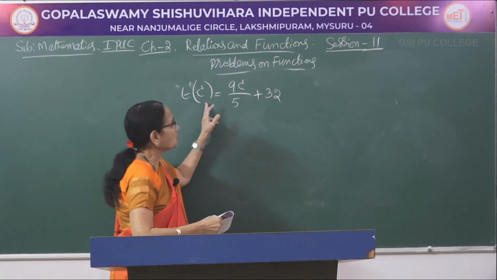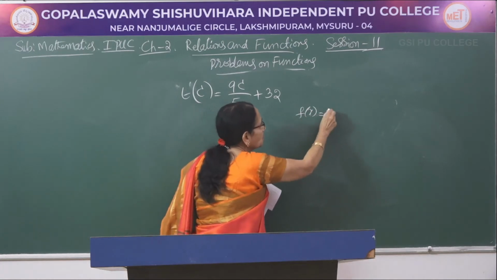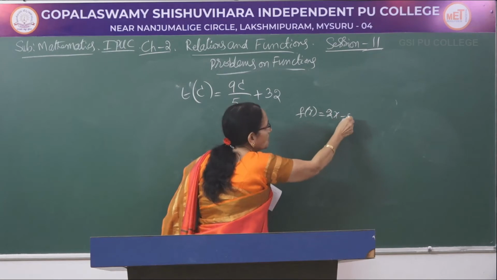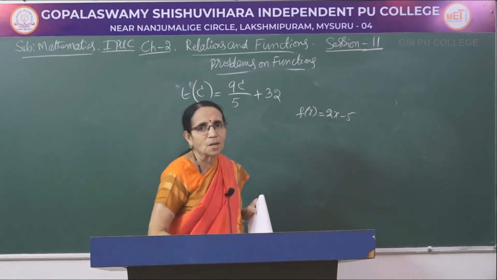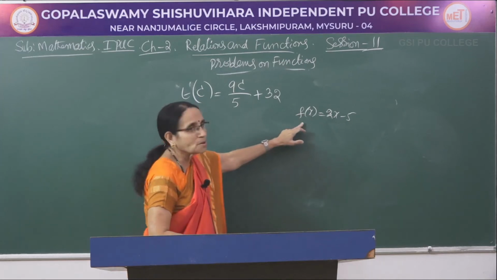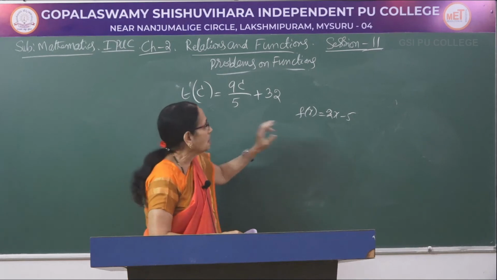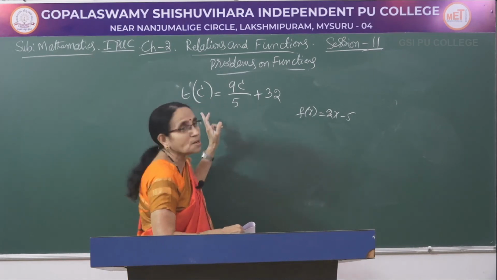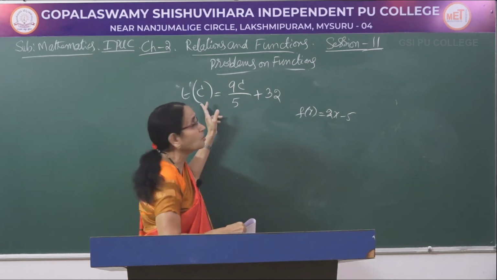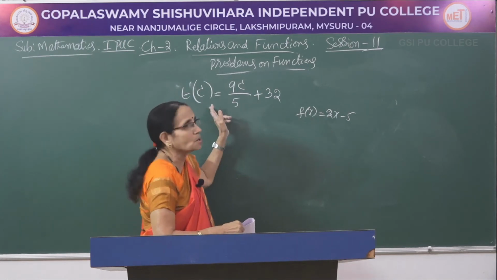Just like in the previous problem I had written f(x) equal to 2x minus 5, same thing like that. In the place of f, I have written T; T stands for the temperature. And in the place of x, it is C; C stands for Celsius. So, C is the variable here, x was the variable there. x is the unknown number, C is the unknown number.